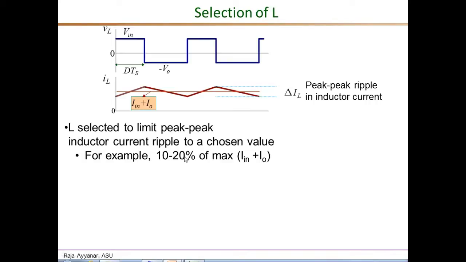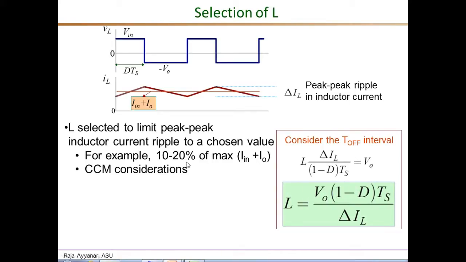Following the previous design methods of buck and boost, we may choose this to be about 10 to 20% of its own average current, which for a buck boost is Iin plus IO. In some other applications, we may be given a minimum load value, and we may be interested in maintaining this continuous current mode all the way down to that specified minimum value. Under that condition, the delta IL choice would be decided based on meeting the CCM requirement.